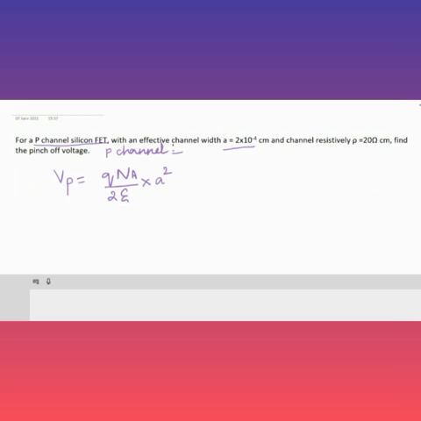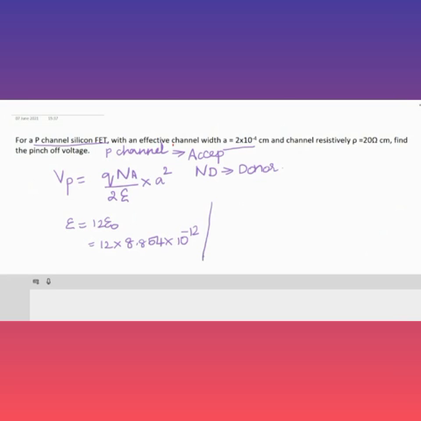Since it is a p-channel FET, p-channel always has acceptors, right? So it is Na. If it is going to be an n-channel silicon, then this Na will be nothing but Nd, which is nothing but donor. Now there are constant values in this. Here this epsilon is nothing but 12 into epsilon naught. Epsilon naught value is 8.854 into 10 to the power minus 12.